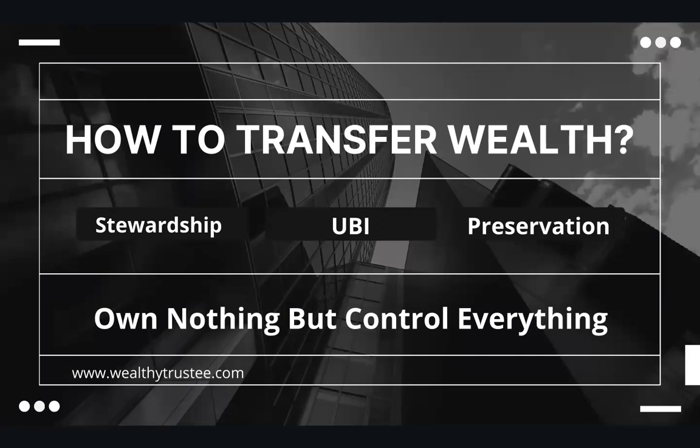The second thing is by having the insurance, right? So like I said, you are a human resource to the trust. So the trust is going to take out a policy on you, but it's also going to take out a policy on every single beneficiary.